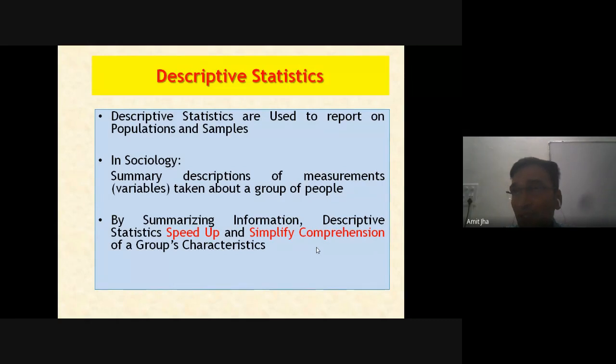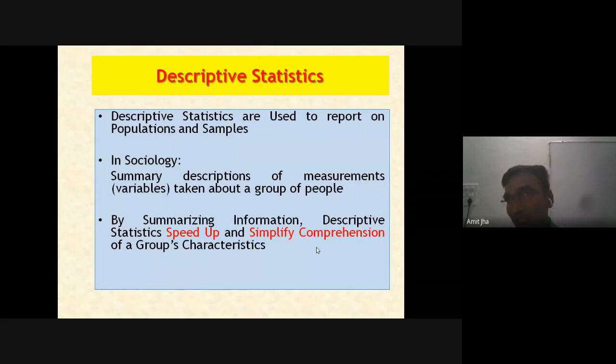Say, if you have data of 100 students pertaining to body weight, then what does this data say? What is the variation, what is the lowest, what is the largest? These are the information that will be summarized through descriptive statistics.